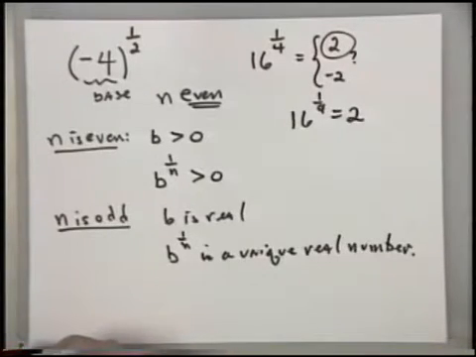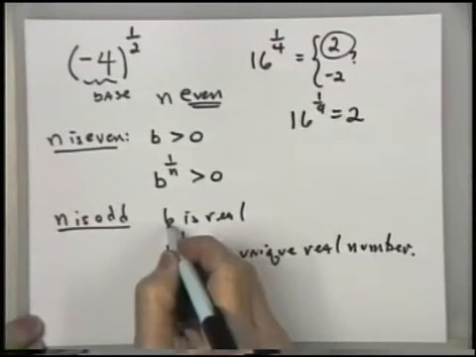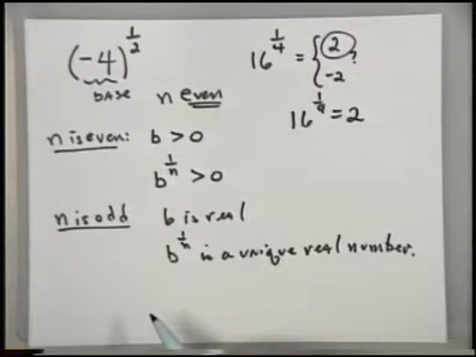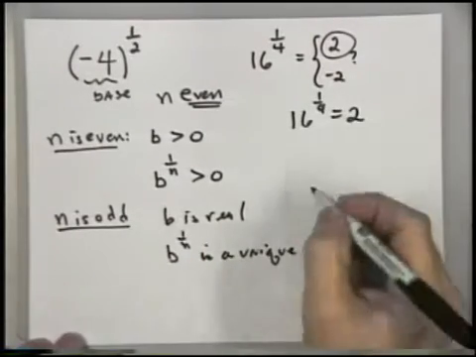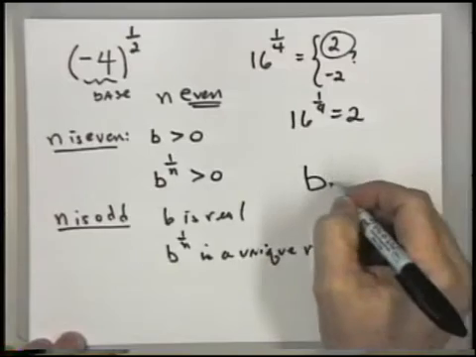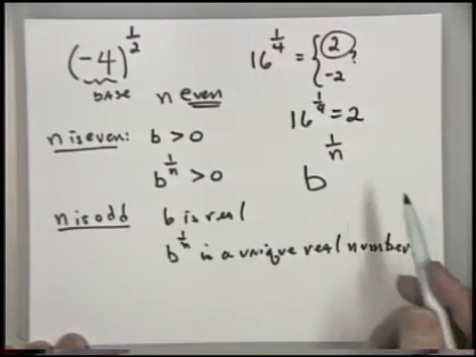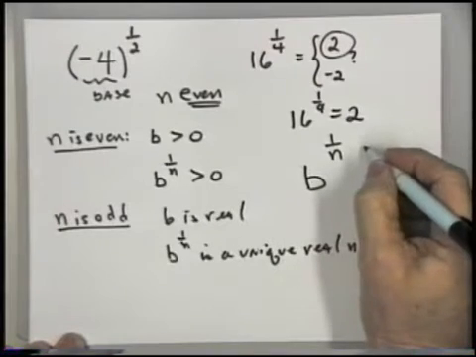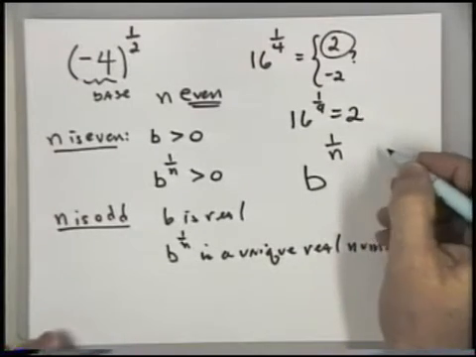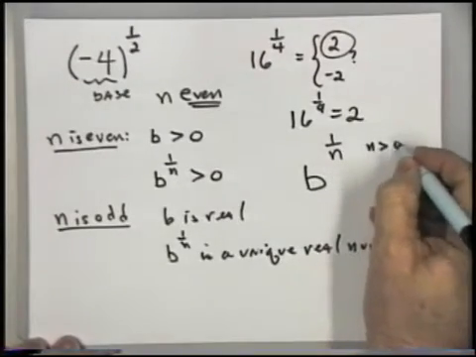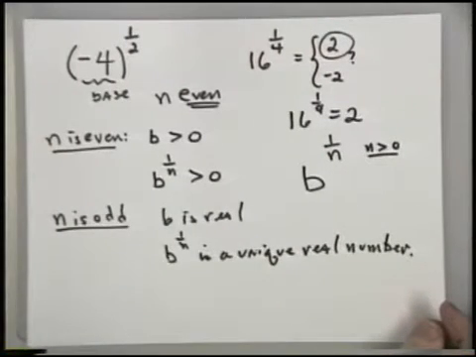So we now have a handle, so to speak, on at least this rational power, b raised to the 1 over n, where n here, again, is still restricted to being a positive integer.